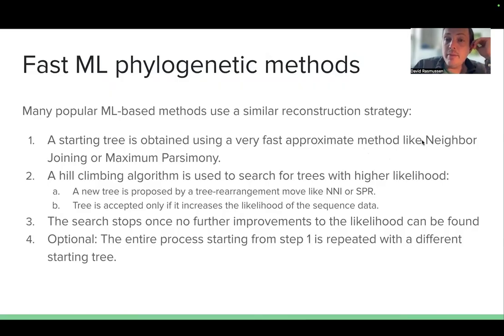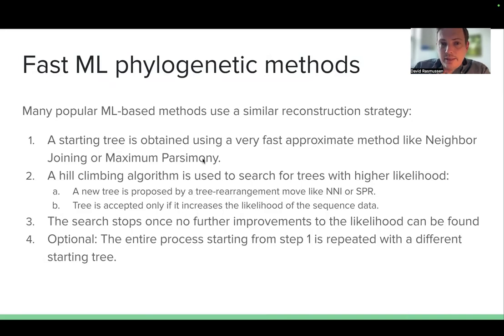Sometimes this is done by neighbor joining, just taking sequences that are most closely related in terms of genetic distances and merging them over and over again to cluster the sequences into a tree-like structure, or through maximum parsimony, which I'll explain in a bit.